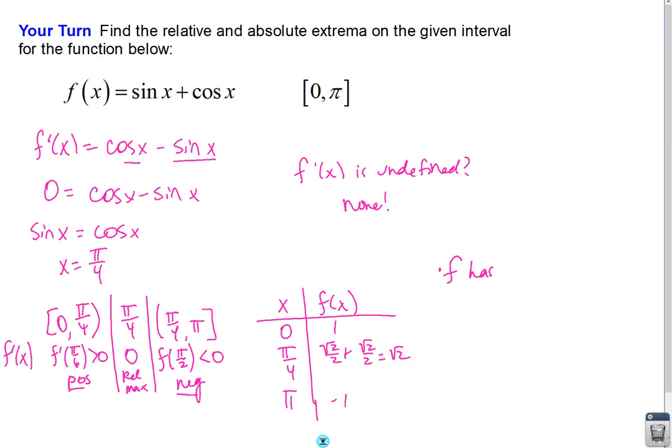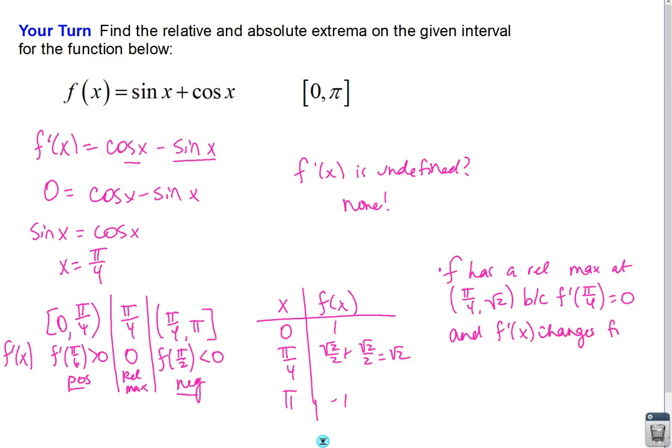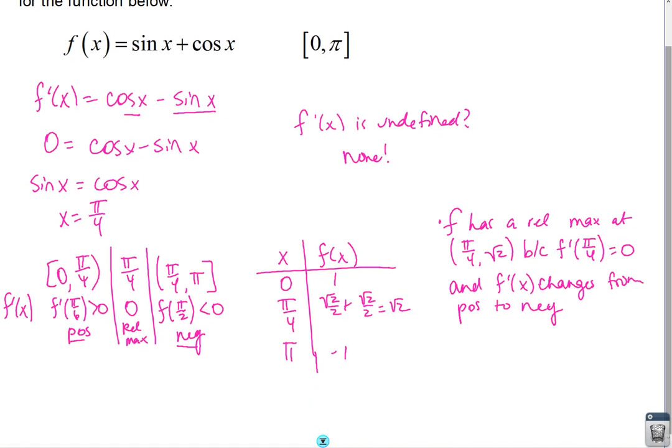So we've got f has a relative maximum at pi over 4, root 2, because f prime of pi over 4 equals 0 and f prime of x changes from positive to negative.